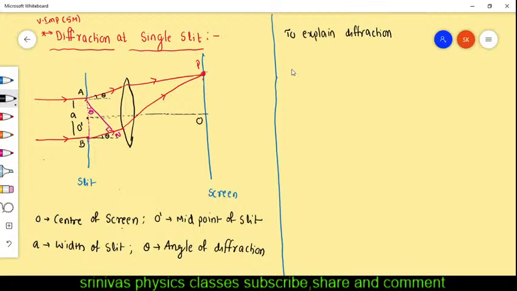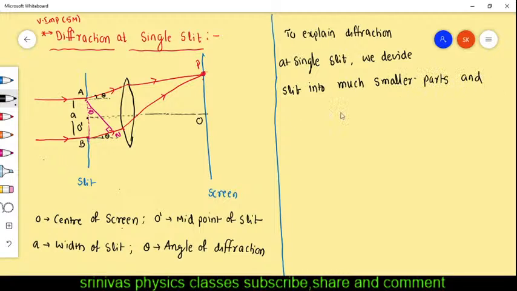To explain diffraction at a single slit, we divide the slit into much smaller parts, and add their contributions at any point.